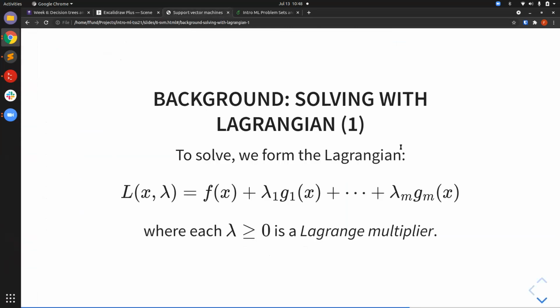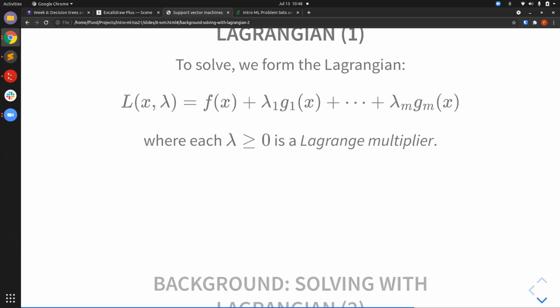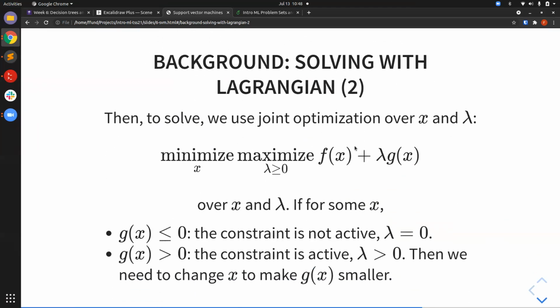Now to solve this, we solve a joint optimization problem. The joint optimization problem looks like this. Inside the optimization problem, we have the Lagrangian, so f of x plus lambda g of x. And if you have many constraints, you would have lambda 1 g1 of x plus lambda 2 g2 of x, and so on.